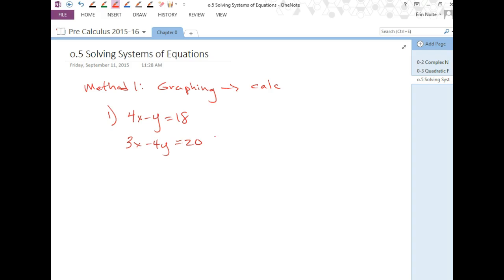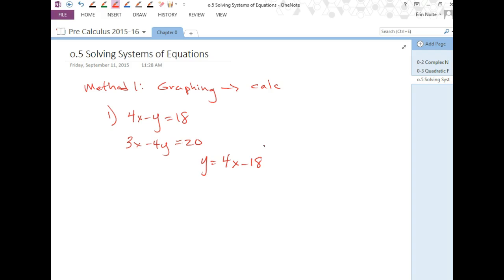Alright, so if I'm going to do this by graphing, I'm going to start typing these into the calculator. So hopefully at this point you know that a calculator can only accept y equals. Okay, so the first step is simply setting each of the equations equal to y. Okay, so on the top equation, would we all agree that y is equal to 4x plus 18 minus 18?